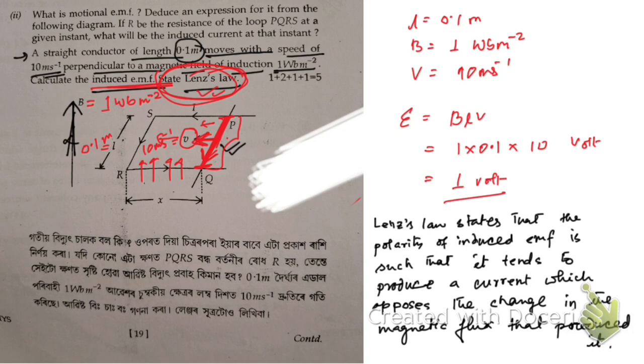So the current induced in this conductor will be in the direction such that the magnetic field applied here will exert a force in the opposite direction of its motion. It will oppose the motion because this motion is the cause of the change in magnetic flux, and it opposes the cause of change in magnetic flux. That is Lenz's law, right?